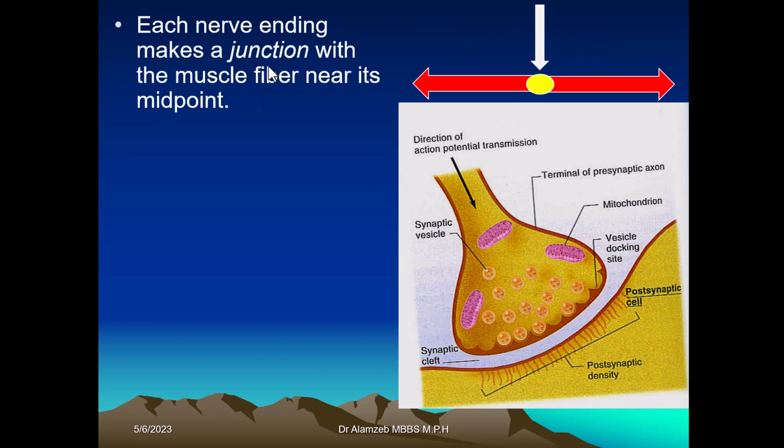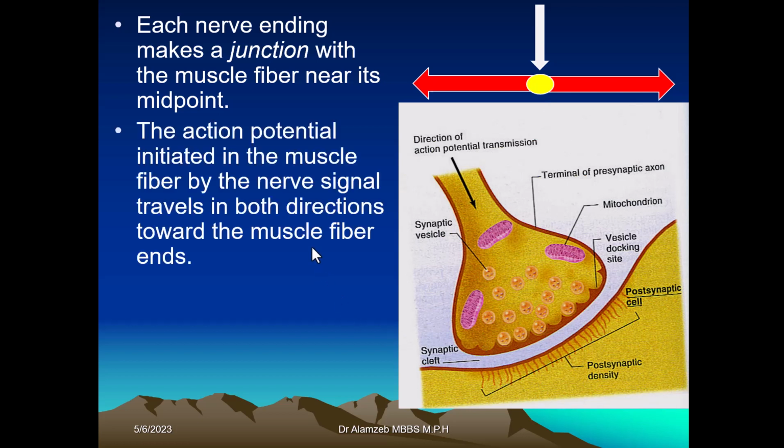Each nerve ending makes a junction with a muscle fiber near its midpoint. So this is a muscle fiber, and this junction, the nerve and muscle junction, is at the midpoint of the muscle fiber.